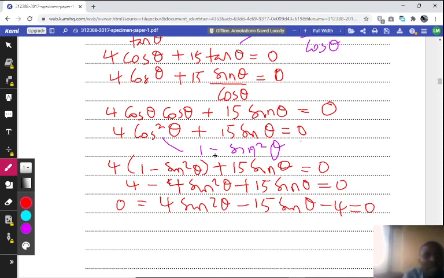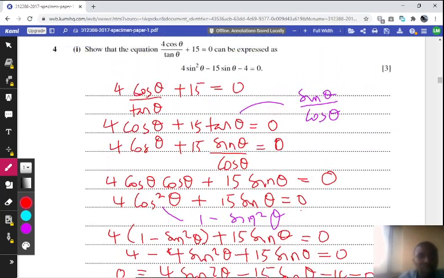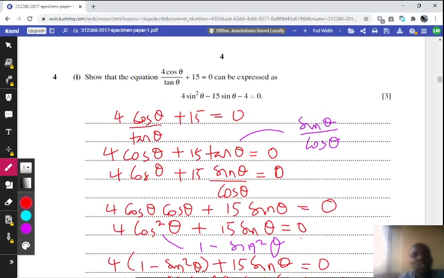This is the same as 4 sin squared theta minus 15 sin theta minus 4 is equal to 0. So we have shown what we were supposed to show. That will be the answer.